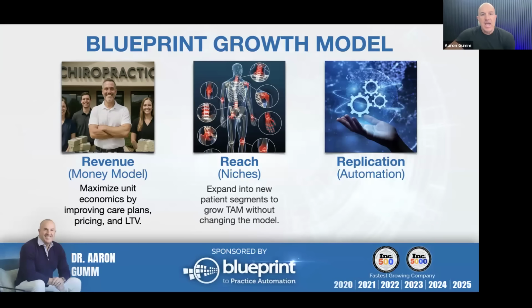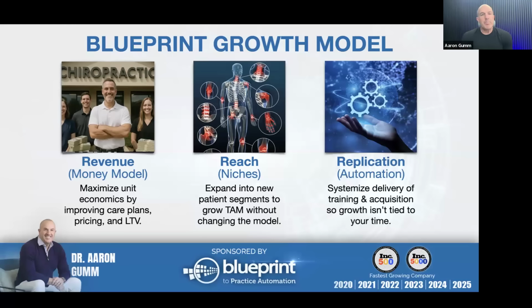I'm going to be going over niches, increasing our reach, expanding what's called our TAM, our total available market, how many people we can reach in our chiropractic practice without changing our model, and then replication and automation. These are all important. How can we systematize delivery, training, and acquisition processes and increase our growth in our practice without taking up our time and energy?